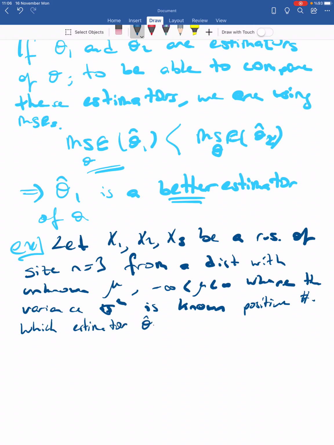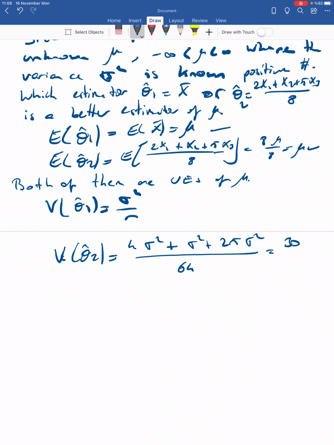So let's consider the variance. The variance of theta 1 hat will be sigma square over n because it's x bar. The variance of theta 2 hat will be 4 sigma square plus sigma square plus 25 sigma square over 64, so 30 sigma square over 64. Actually, the first is sigma square over 3 because n is 3.